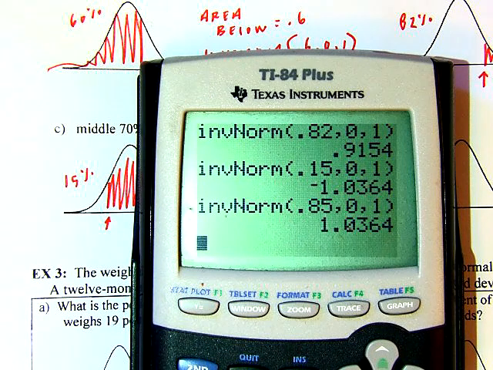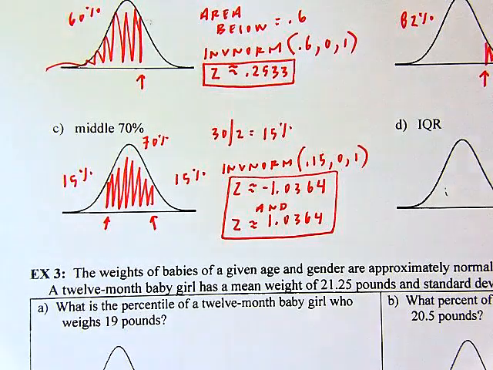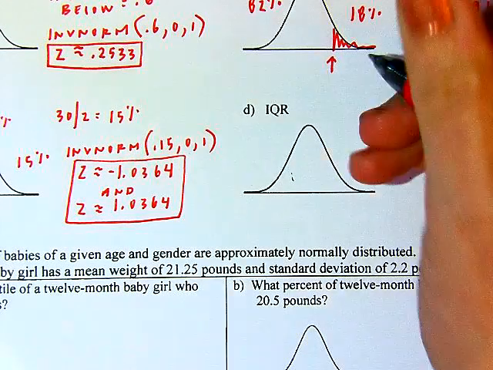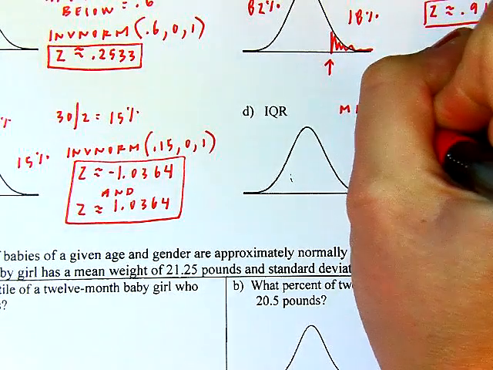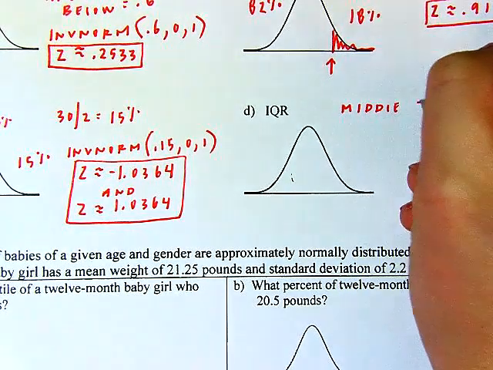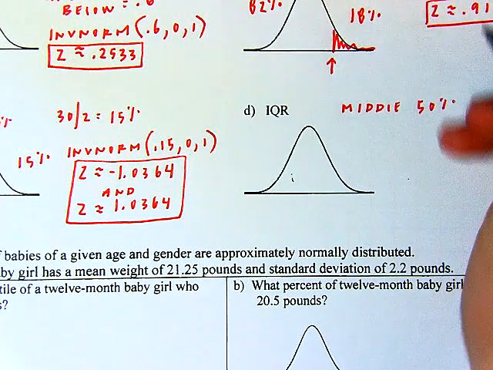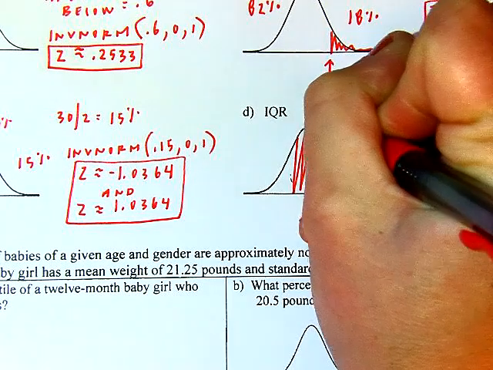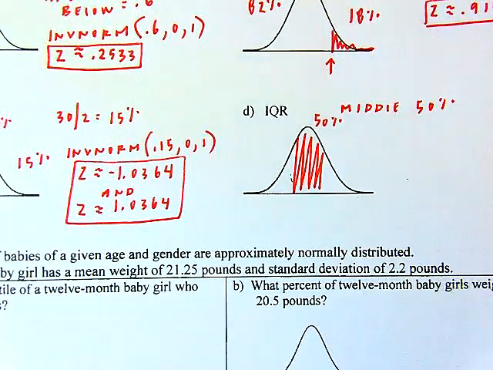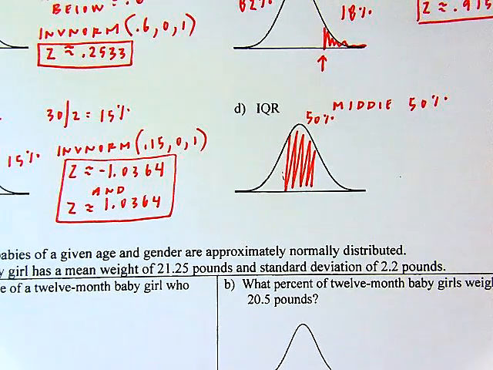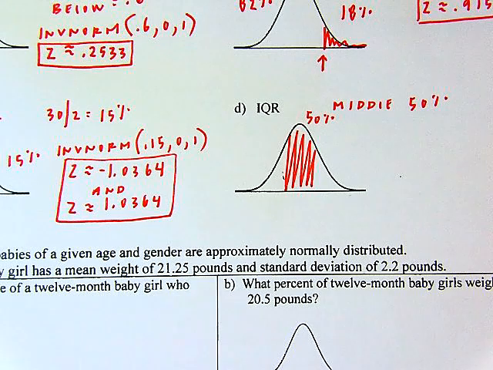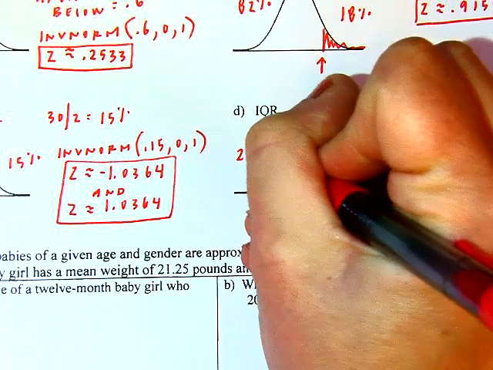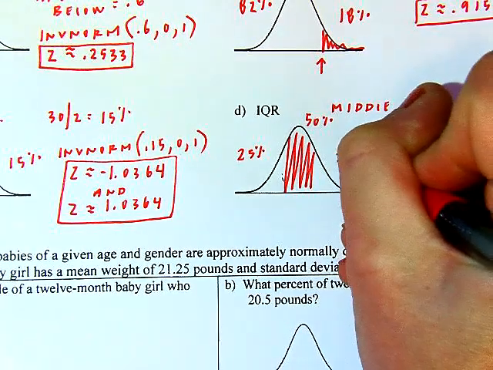So there we go. And then lastly, let's say that we're looking at the markers for the IQR. Remember that that's the middle 50%. So if that's the middle 50%, then I'm taking the remaining 50%, splitting it two ways, and I get 25% here and here.